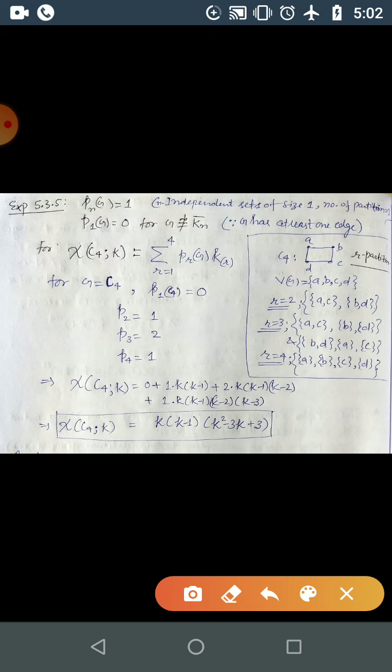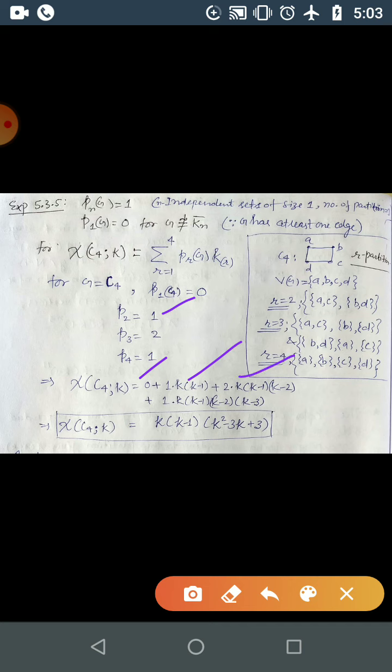So for this one it will be 0, 0 into something will be 0. Next, P1 is 0, P2 is 1 into k_r, so it will be 1 times k_(2), correct? So k_(2) is k into k minus 1.